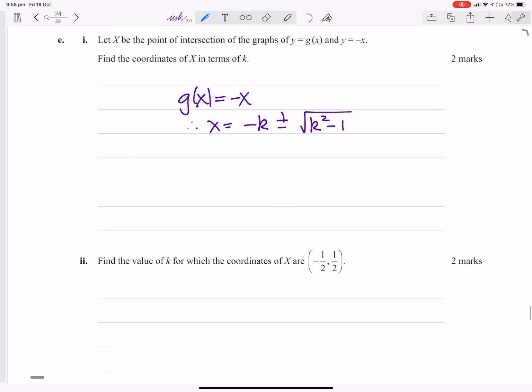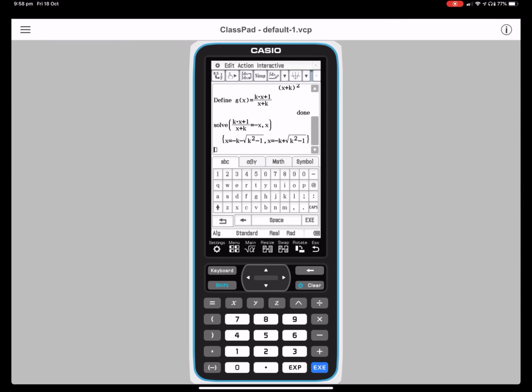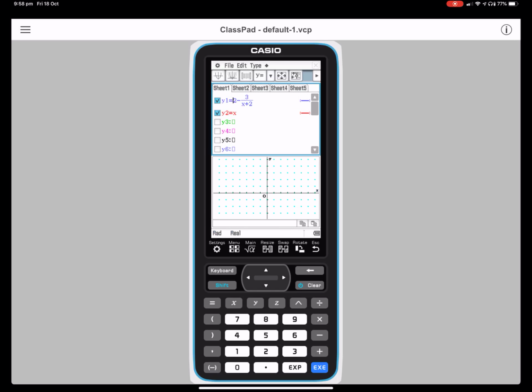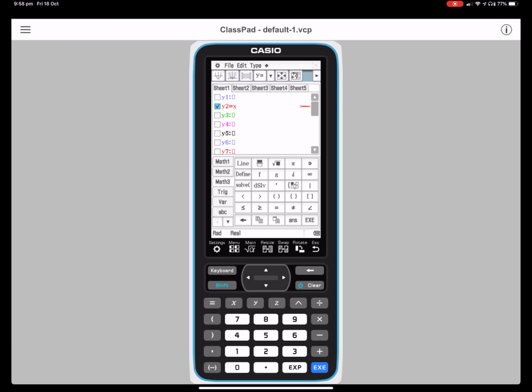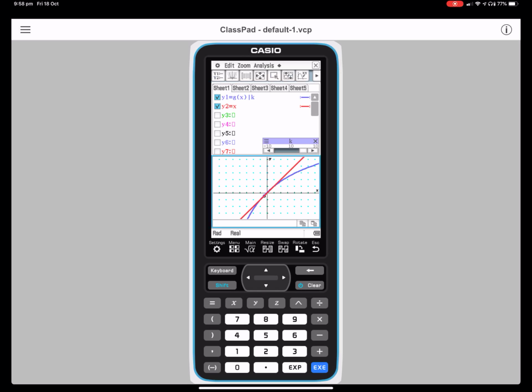So if k is greater than 1, I want this graph to be negative x.